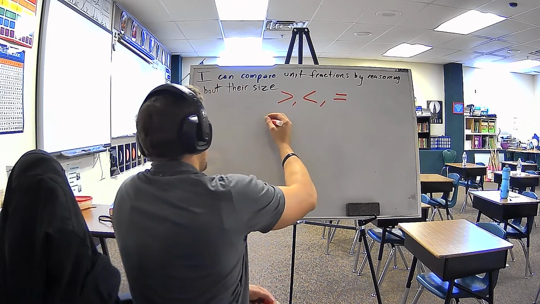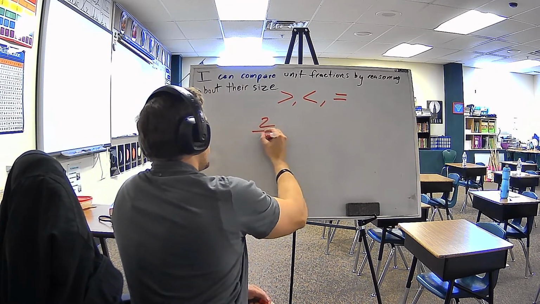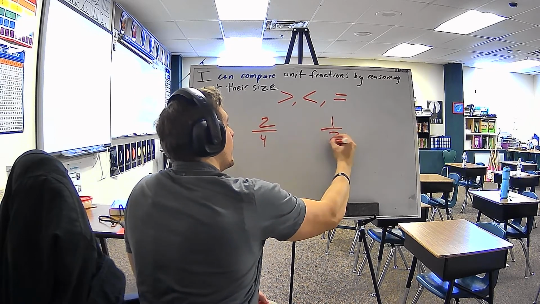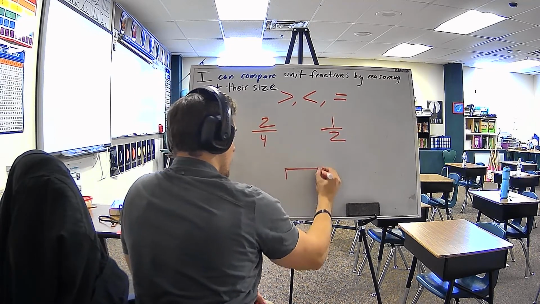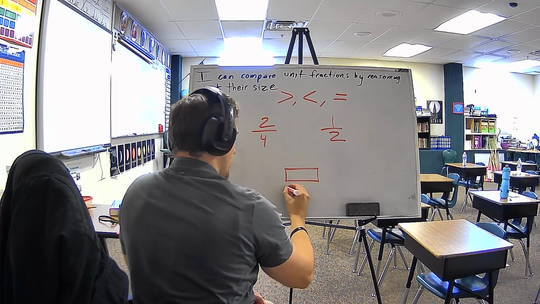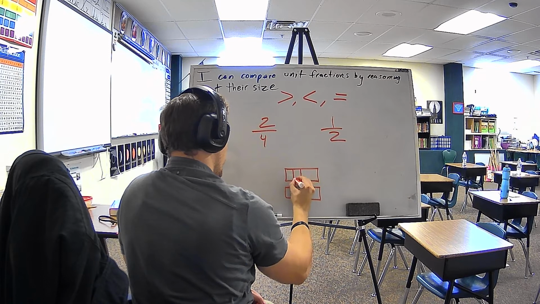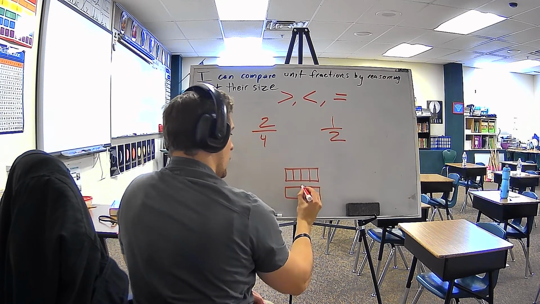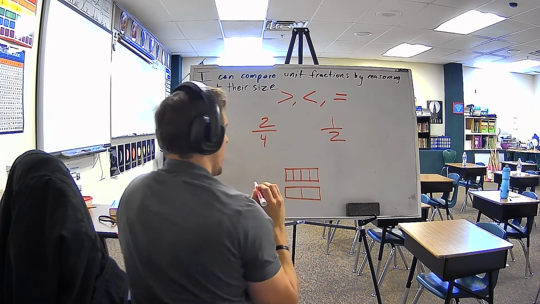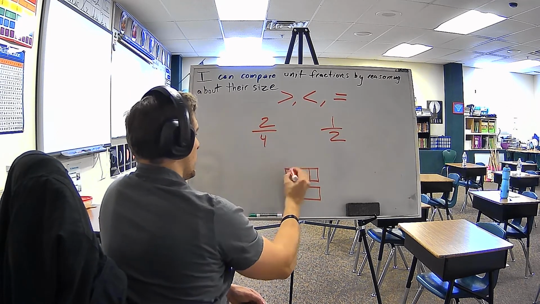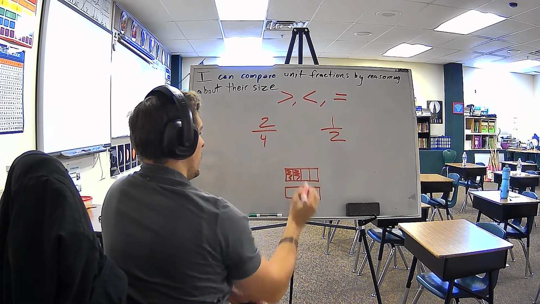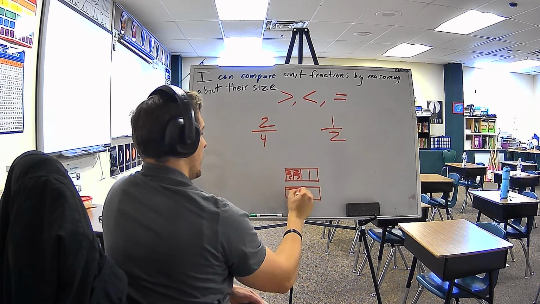Let's say I have 2/4 and 1/2. Let's draw these out. Make sure that they are the same in size. 2/4, make sure they're split into 4 equal parts. 1/2, make sure it's split into 2 equal halves. Now 2/4 would be 1, 2, while 1/2 would be there.